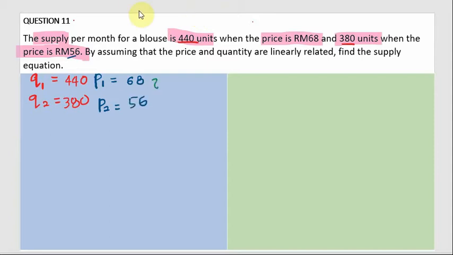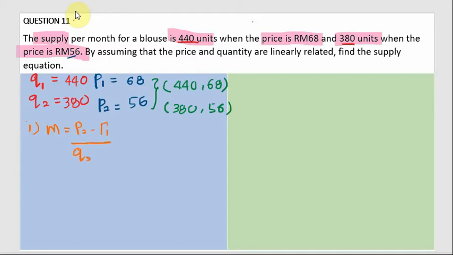So here we can write 440, 68 and 380, 56. What is our first step? First step, by using M equals P2 minus P1 divided by Q2 minus Q1.